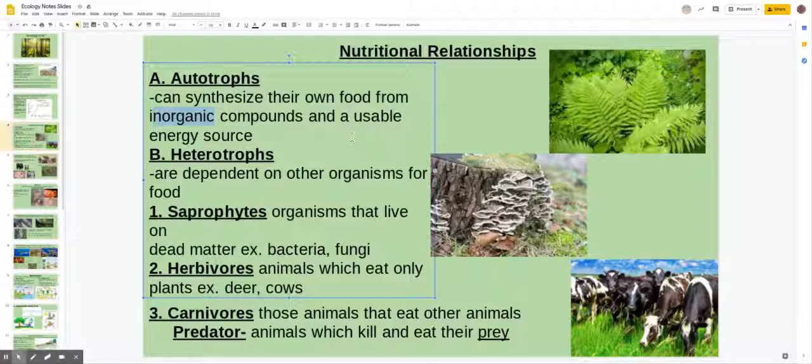Inorganic is the term that means not carbon, oxygen, and hydrogen containing compounds. Remember, the organics are things like sugars, proteins, carbohydrates, nucleic acids. Those are all organic. All right. They have carbon and hydrogen and oxygen combined. The inorganic compounds are things like water, oxygen, carbon dioxide.